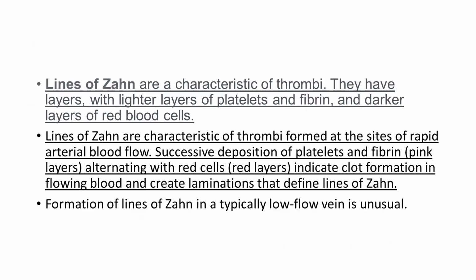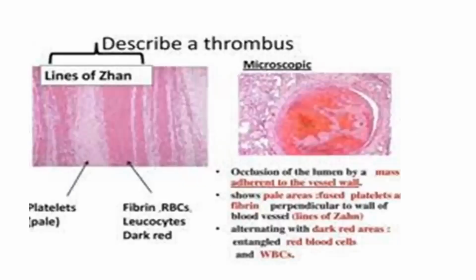Lines of Zahn are characteristic, with lighter layers of platelets and fibrin and darker layers of red blood cells.